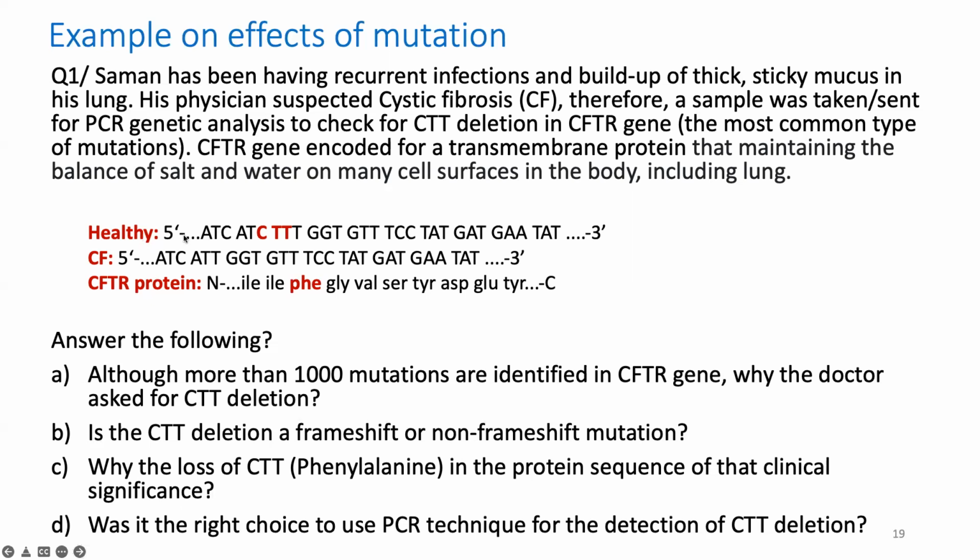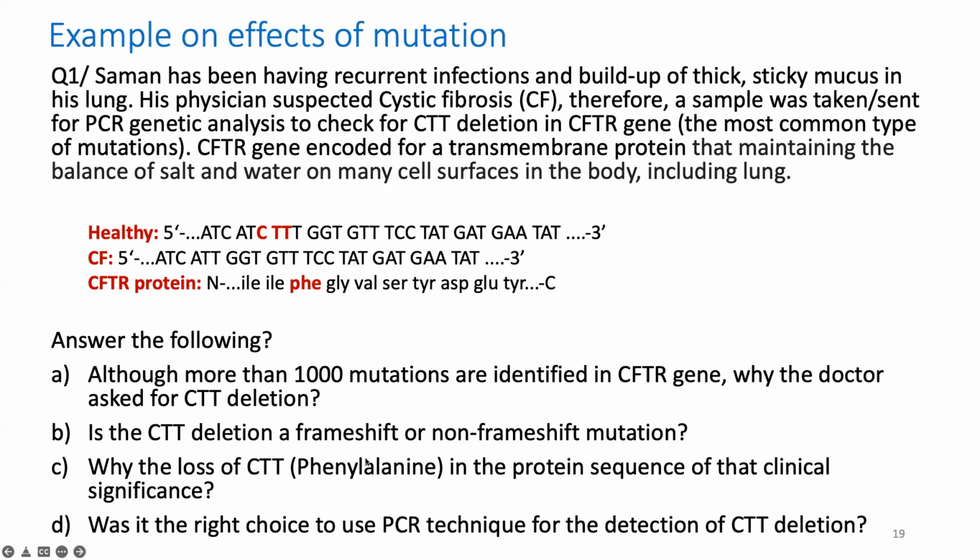The question gave us the healthy nucleotide sequence, the one for cystic fibrosis, and then the protein. As we can see, this is the healthy one. And in cystic fibrosis, the CTT is deleted, as we can see. However, the rest is still the same.